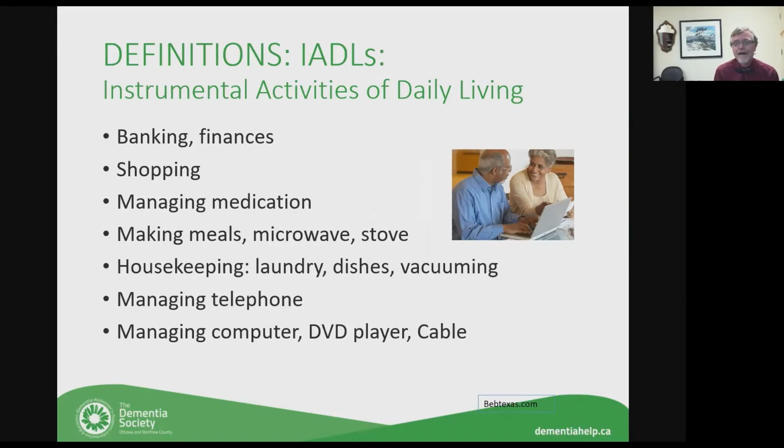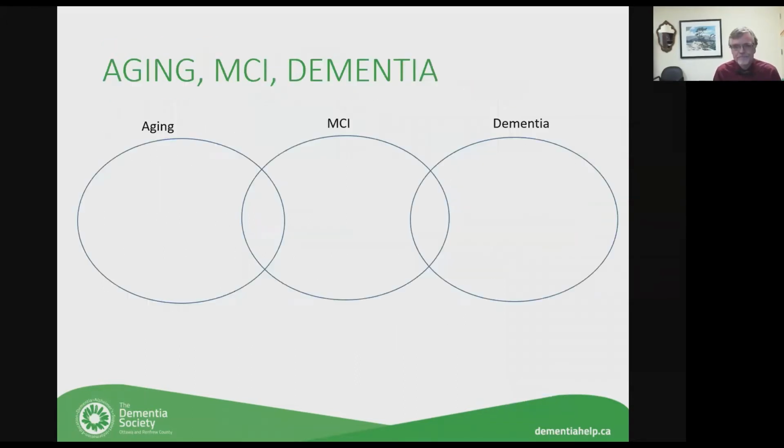You have to manage medication. You have to make meals, and so on. And you can see that these are all more complex activities, and they usually have to do with how we interact with our society, with our environment, whereas the other ones, sort of the self-care, that's only about us. Like, I have to be clean, and so that's only about me. These are how we interact with each other.